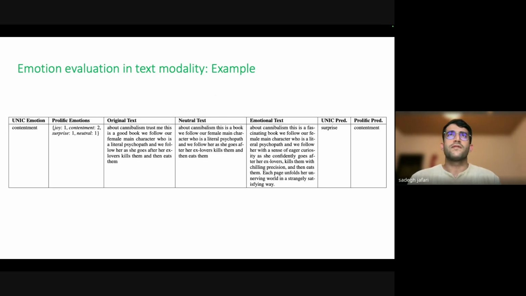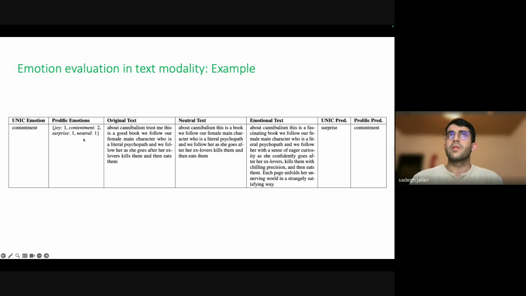And this is one of the samples in our database. This is the original text in the unique dataset as a transcript of the videos. And this is the original emotion there. Because for each sample we have 5 annotators on Prolific, these are the emotions annotated by them.